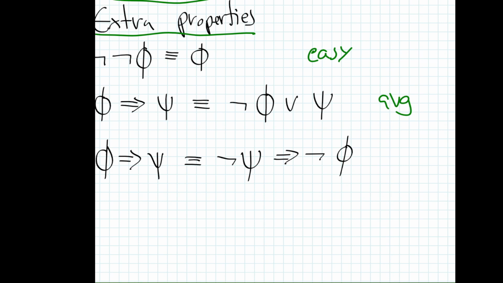So what we're saying now is that we have this expression: phi implies psi, which is equivalent to the negation of psi implying the negation of phi. How could this be, right? I was just kidding with you, this is extremely easy.